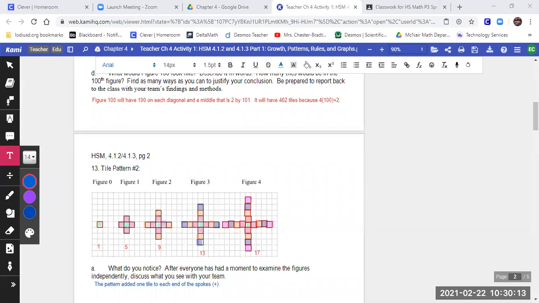How many is going to be on each leg of the plus sign? Okay. Come on, we're almost done with this. How many is going to be on each leg of the plus sign?